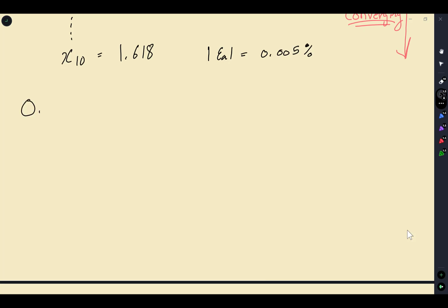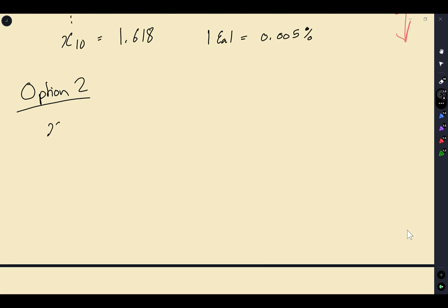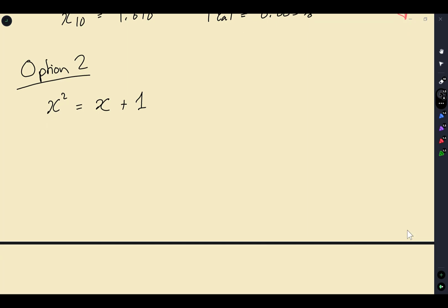So option 2, as an example: we have x squared equals x plus 1. If instead of dividing by x, we just took the square root of both sides, we would end up with x equals plus or minus the square root of x plus 1.